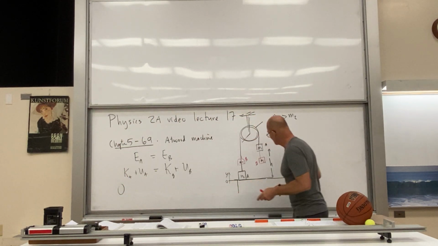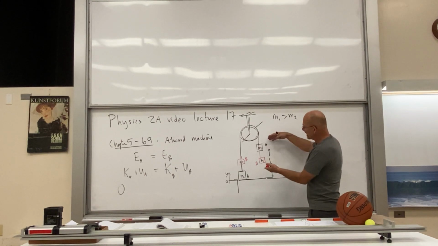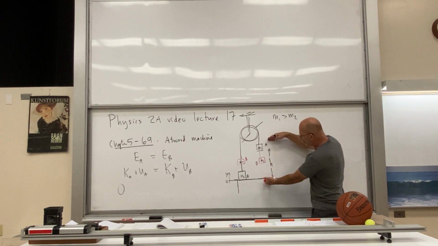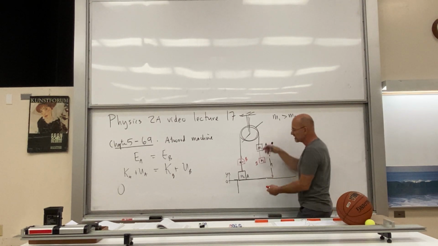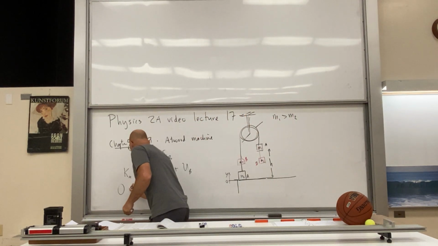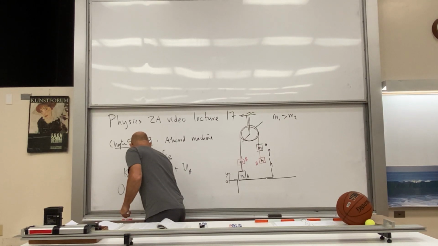Potential energy at A is just M1GH, since this is the only one that's elevated. So plus M1 times G times H.